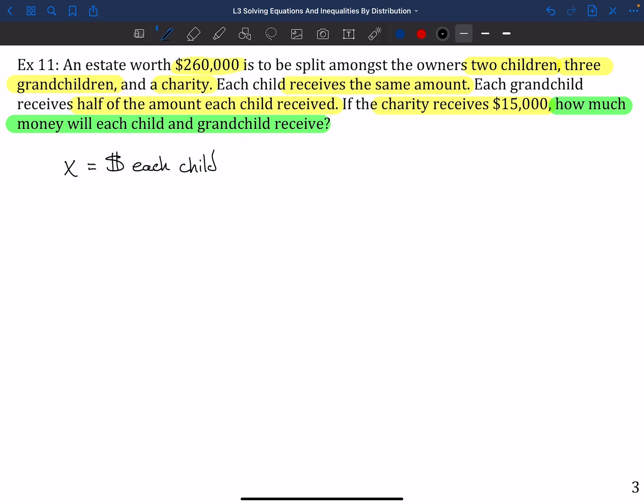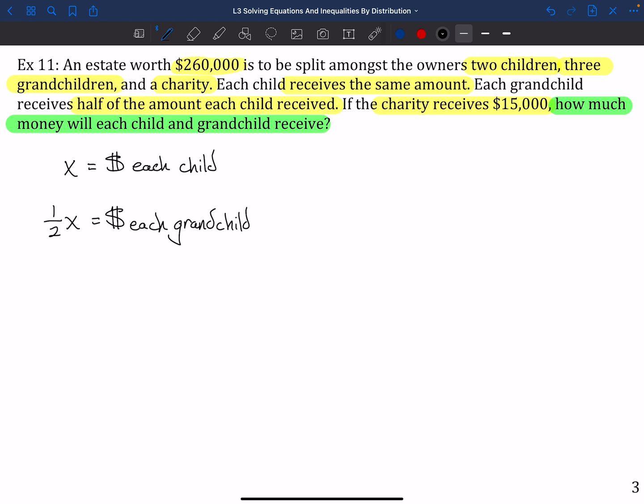Each grandchild receives half of the amount each child received. So if I needed to represent half of that amount, x, I would just write it as 1/2 x. Right? So that's the money for each grandchild. Right? We also know that the charity is getting $15,000, right?